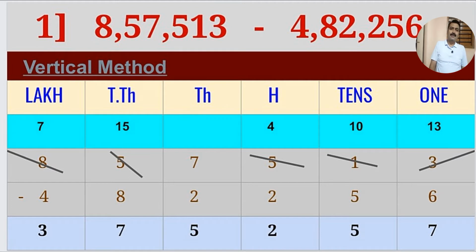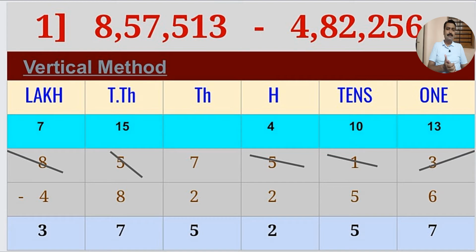Both numbers given in the first example are 6 digited. So the first column is of ones, second column of tens, third column of hundreds, fourth column of thousands, fifth column of 10,000, and sixth column of lakhs.